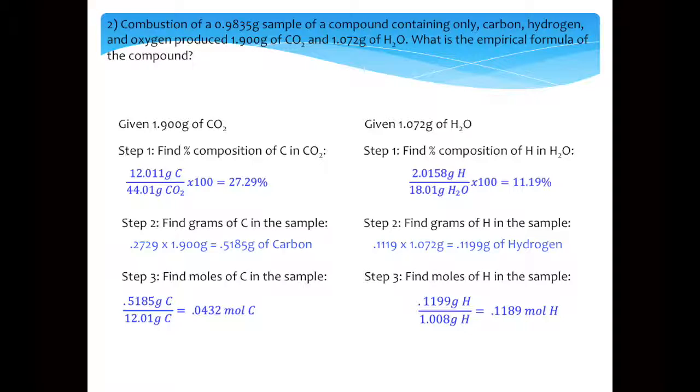We multiply the percent composition, 0.1119, by the mass of H2O in the sample, 1.072 grams, to get 0.1199 grams of hydrogen. Next, we find the moles of hydrogen in the sample. Divide 0.1199 grams of hydrogen by 1.008 grams of hydrogen to get 0.1189 moles of hydrogen in the sample.